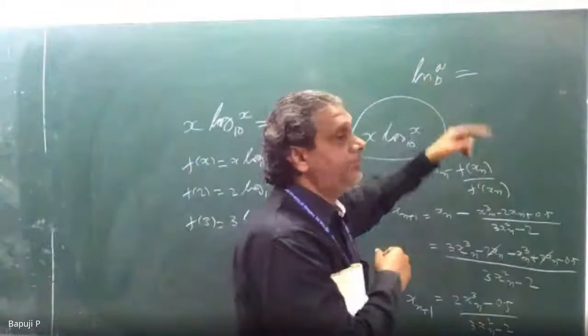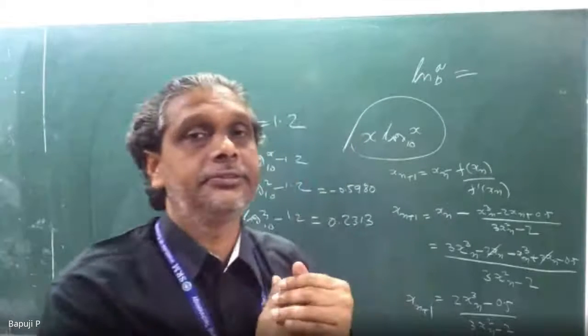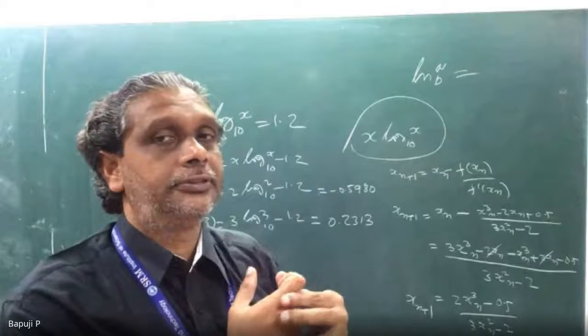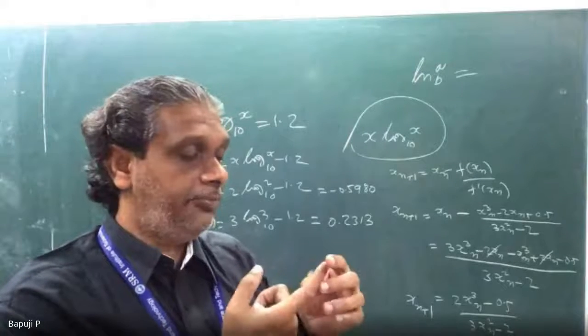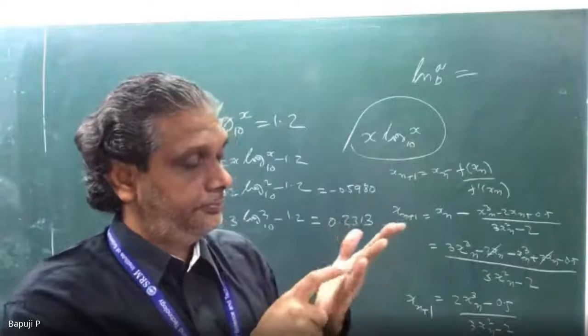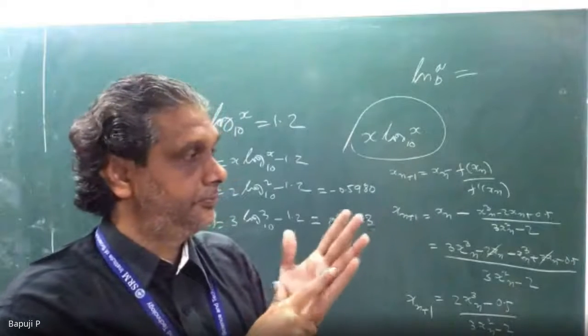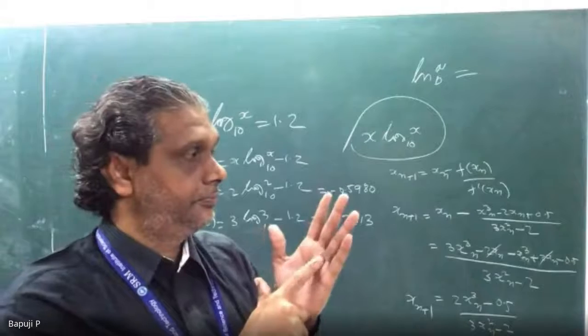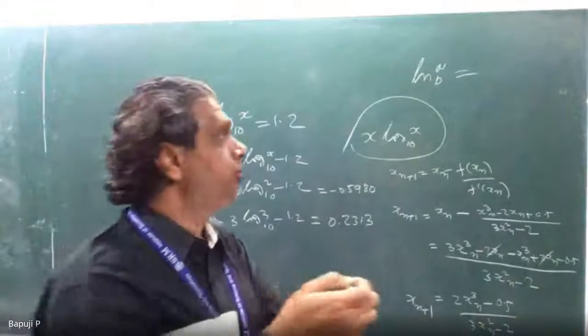Log A base B means what? If you want a new base, how do you write it? There is a logarithmic formula by which I can change the bases. I want to introduce a new base.